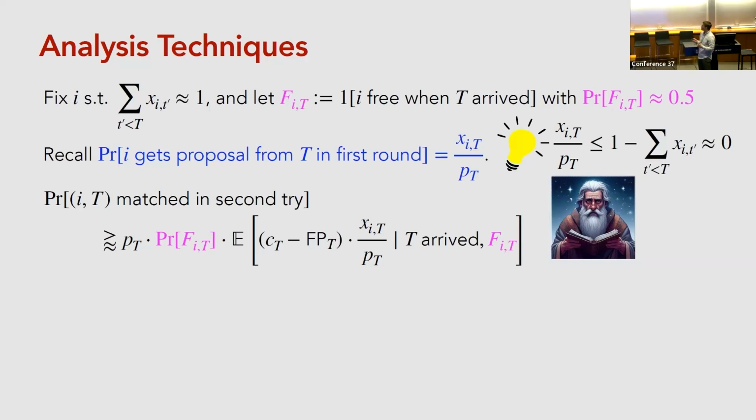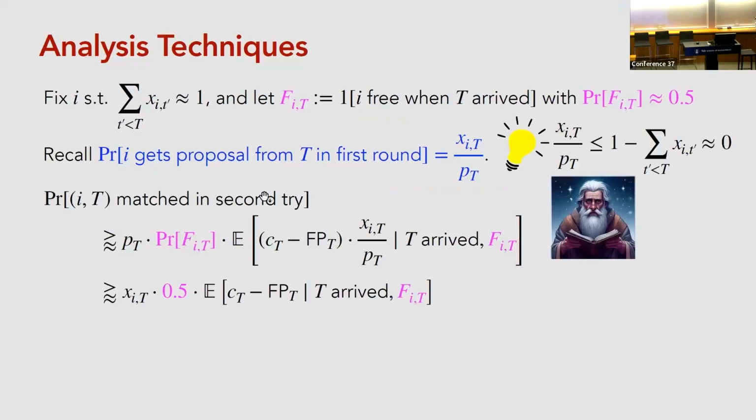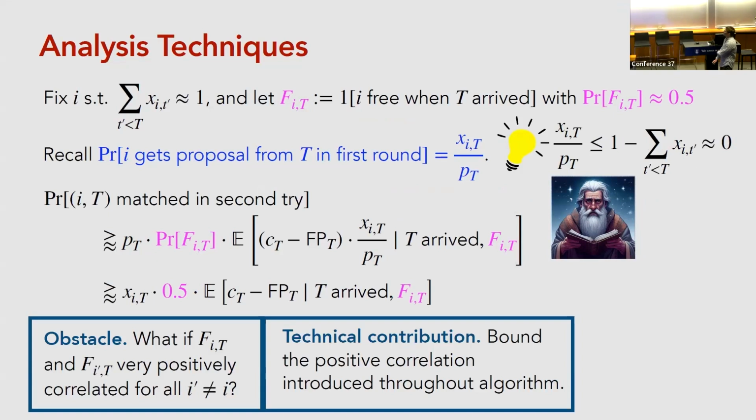But there is one challenge in analyzing this, and it's the fact that we condition on FIT. So in particular, the main hurdle that we have to overcome is if these offline nodes are very positively correlated, there could be some major problems. So let me explain why. In the second line here, I just did some algebra, canceled out the PTs and moved the XIT to the front.